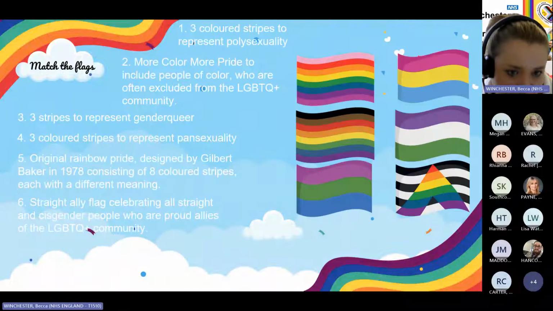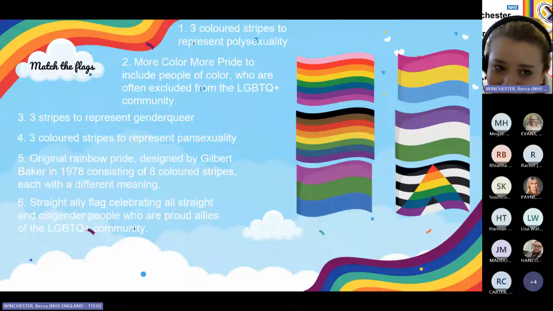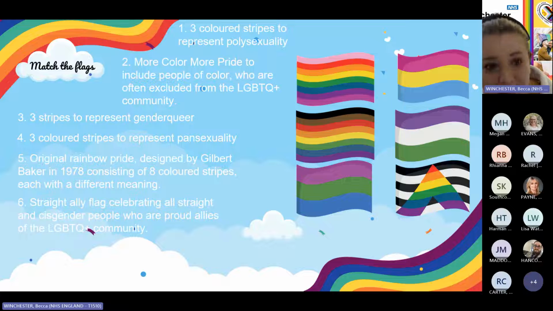No problem at all. So it's flag 1. Oh, I keep doing that. Sorry, it's Friday. Statement 1, flag 5. So 3 coloured stripes to represent polysexuality.